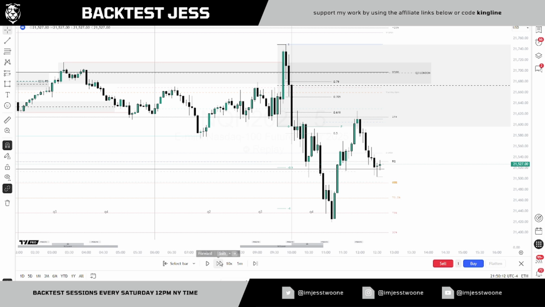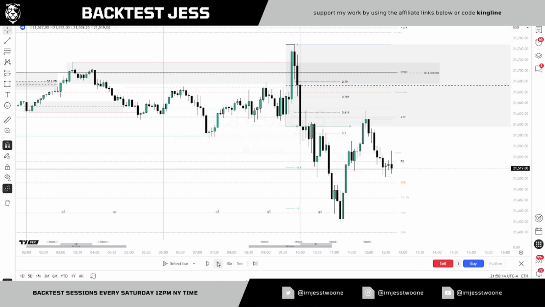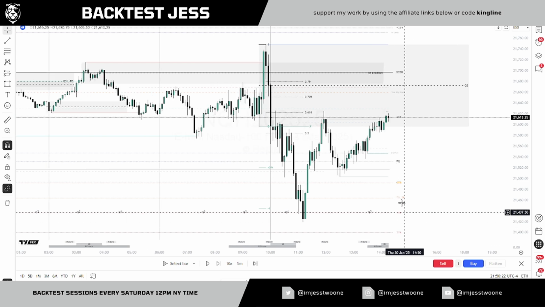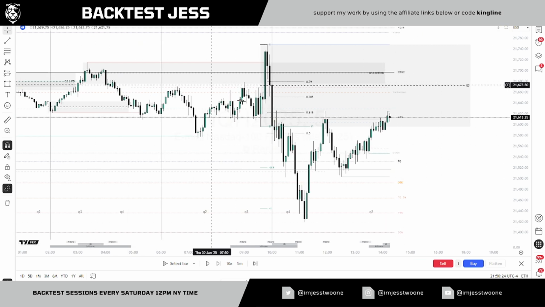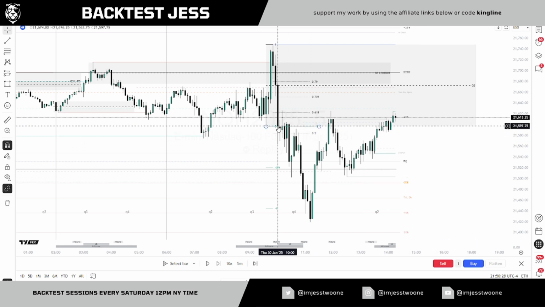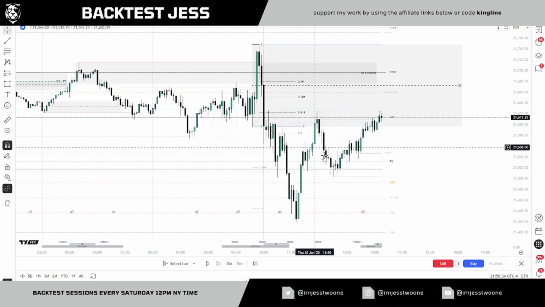Alright, so first two entries playing out so far. We're not BE yet. Now we're approaching the next 4-hour candle, 10 a.m. opened here. So we did close bearish, technically, although it does have a long wick at the bottom.